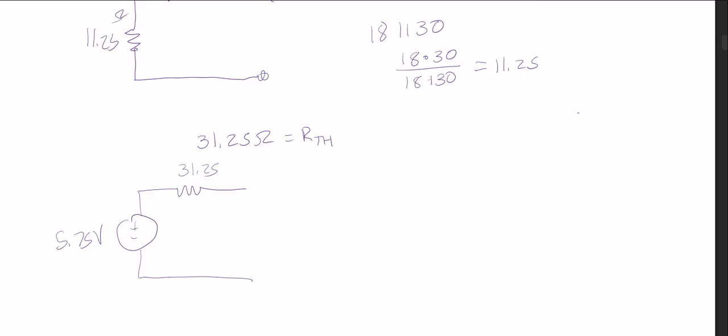My Norton equivalent looks like this. You have I Norton and R Norton. Well, R Norton is the same as R Thevenin. So we already have that. That's 31.25.